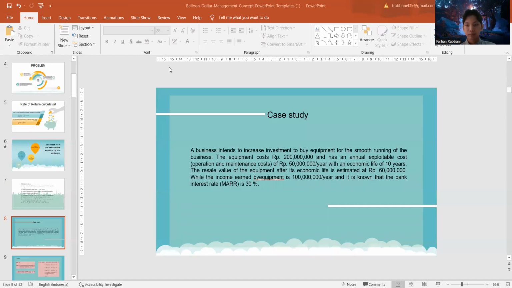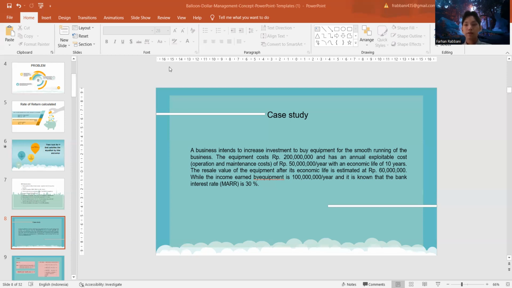Case study. This slide shows an example of implementation and calculation of the ROR. A business intends to increase investment to buy equipment for the smooth running of the business. The equipment costs 200 rupiah and has an annual operation and maintenance cost of 50 rupiah per year.